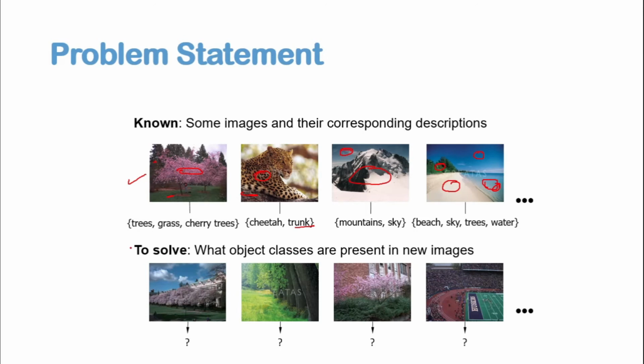Next, this is already given, and if we try to understand what different objects are present in this: grass, again trees, sky, and a building over here, and grass, tree trunks, and leaves, cherry trees, and the building, and the grass or trees we can call.